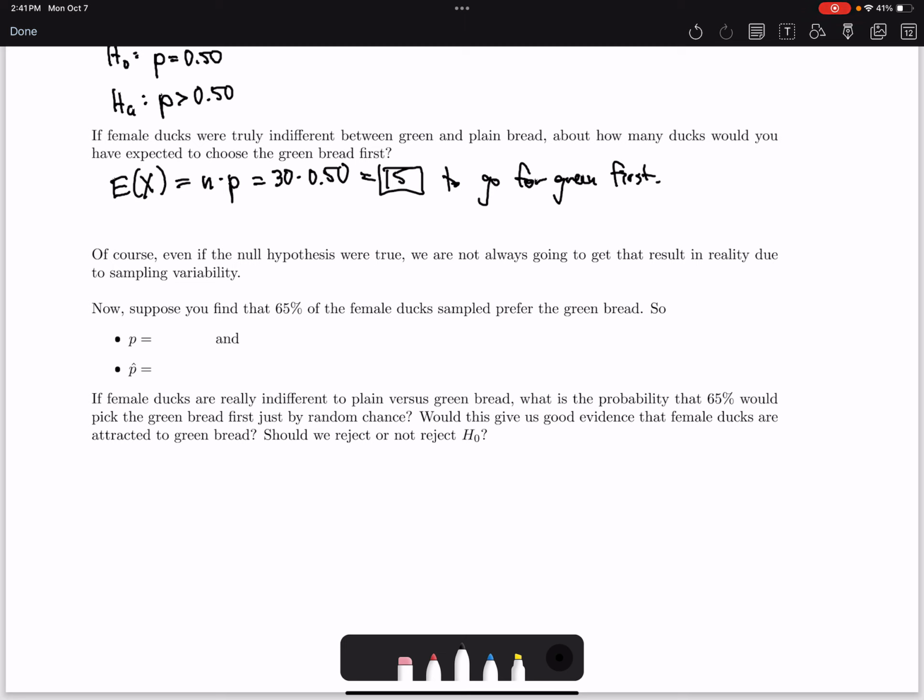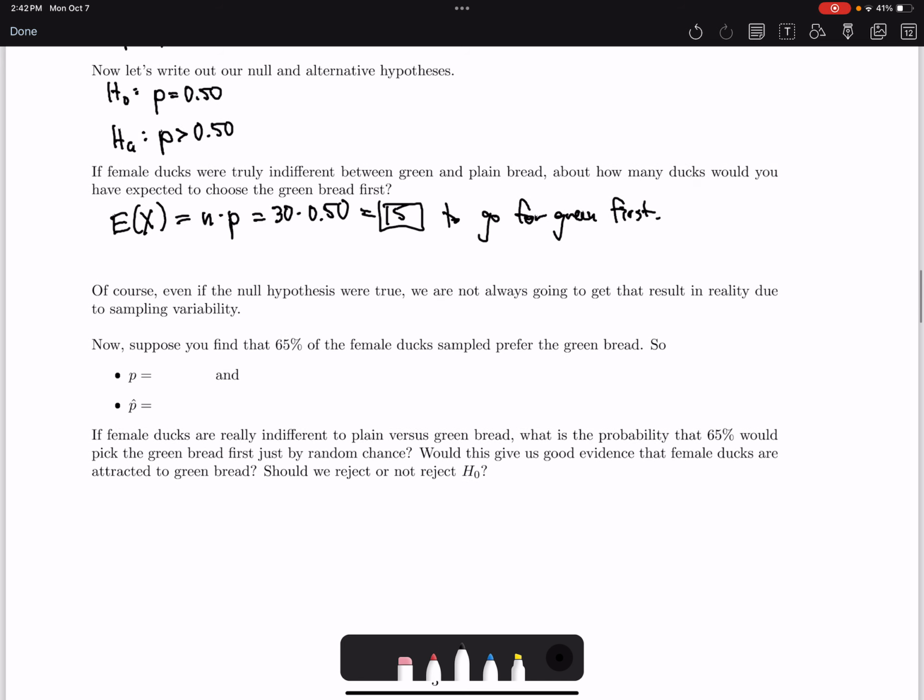Now, suppose that you find that 65% of female ducks sampled prefer the green bread. The null hypothesis states that the proportion P is 50%.